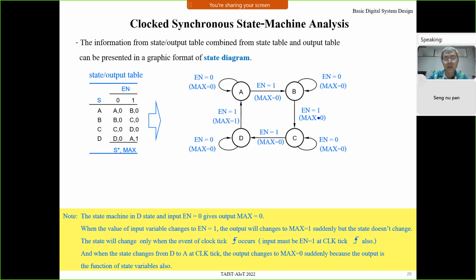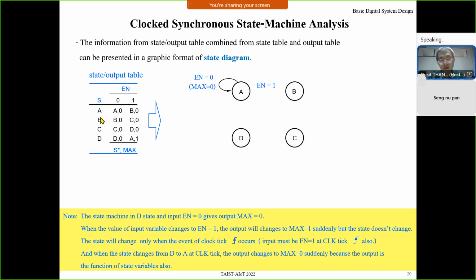At first, we write all the states. In this case, states A, B, C, and D, right? Write all of them, and consider what the next state is.